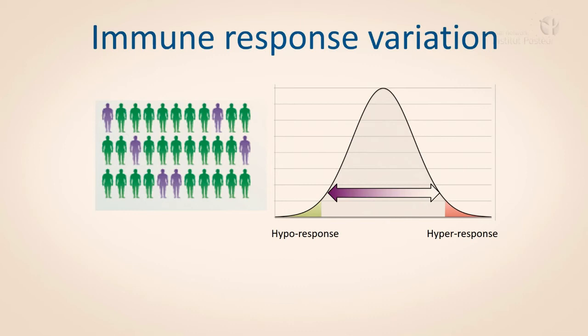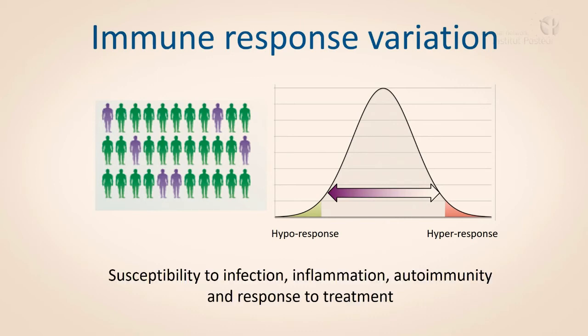But some individuals here on the left can respond too little to infection or to treatment, and they are hypo-responsive individuals. Understanding the factors, genetic, epigenetic, environmental, that make some individuals respond too much or too little to infection and to vaccines will be a major goal in the next years.